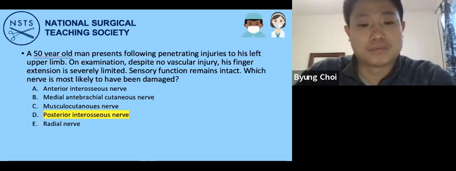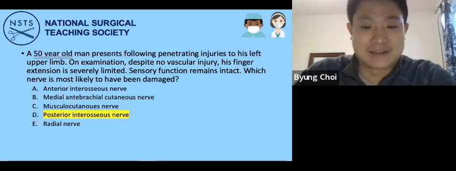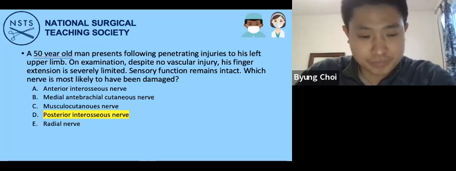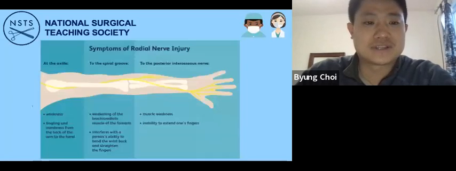Well, apart from extensor carpi radialis longus and extensor carpi radialis brevis. Essentially, damage to PIN will produce finger drop and poor wrist extension.